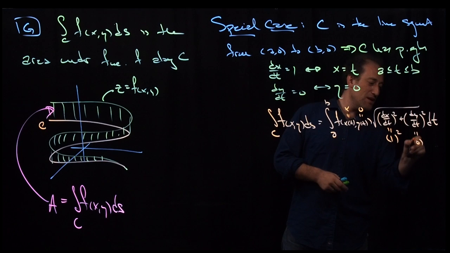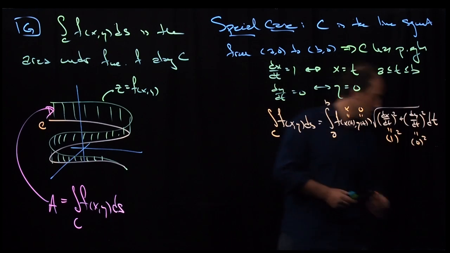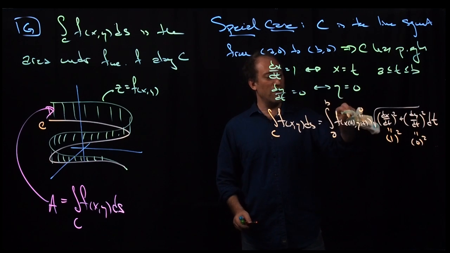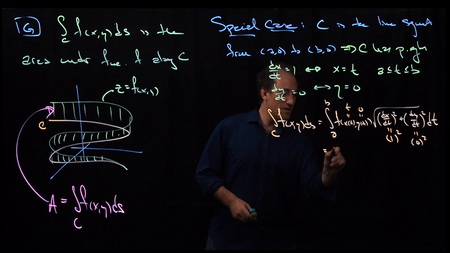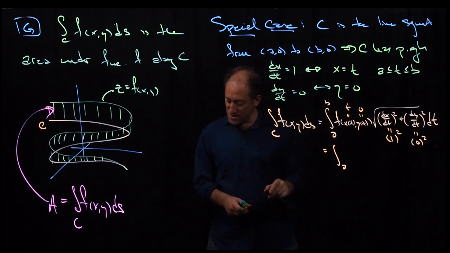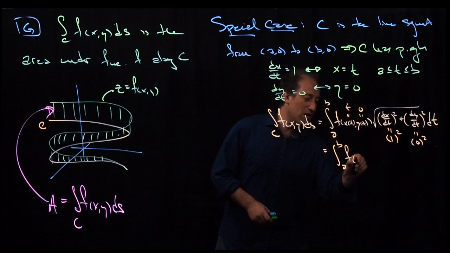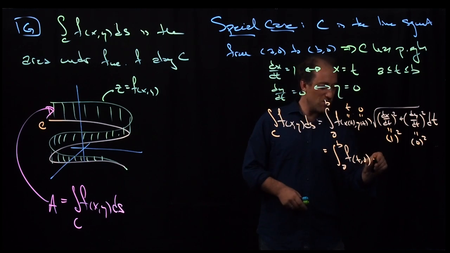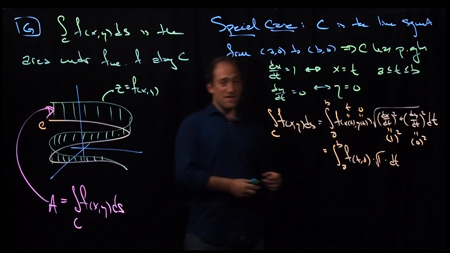And this will be 0 squared. So if you like, just to keep the notation consistent, I'll call x of t, t, and then I'll move it back again. So this is the same thing as the integral from A to B of f of t, 0 times 1, or the square root of 1, times dt.